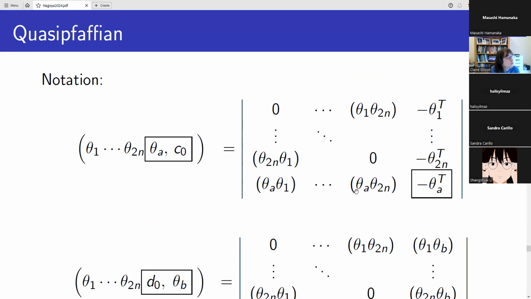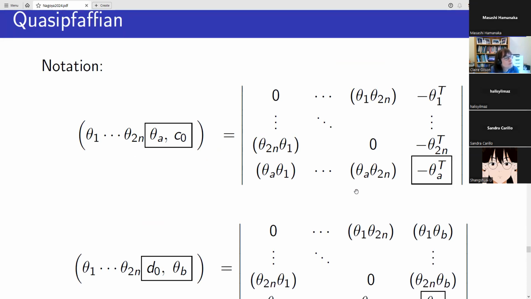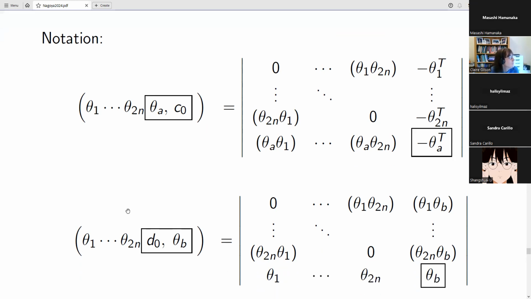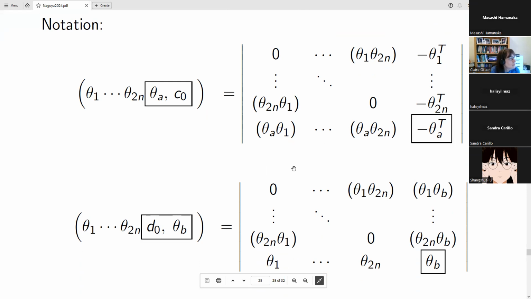Okay, so just a quick flip through the different notation. So this one here has a C0, so that's basically saying I take my last column and I just have thetas in it. The second one here has a D0 theta, and that basically means make the last row thetas and the rest are the integrals.